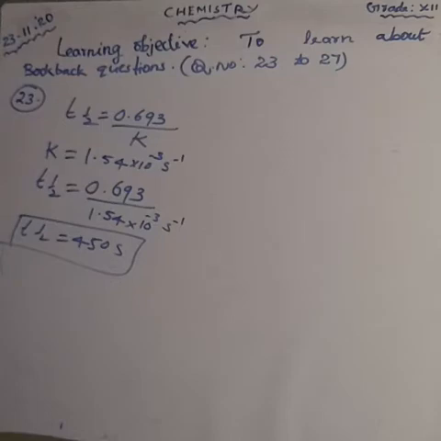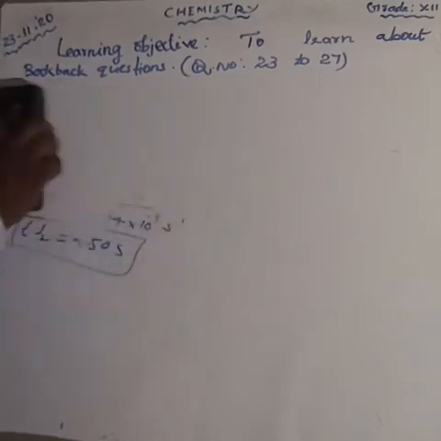How long will it take for the concentration of SO2Cl2 to be reduced to 1% of the initial value? The same formula we are applying here. We know K, the rate constant.